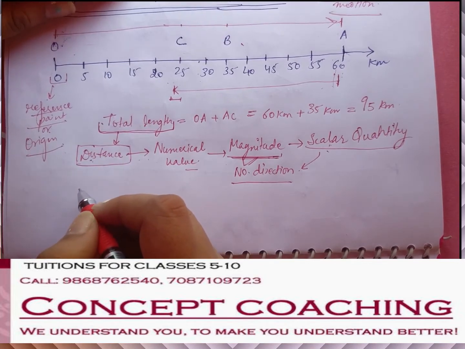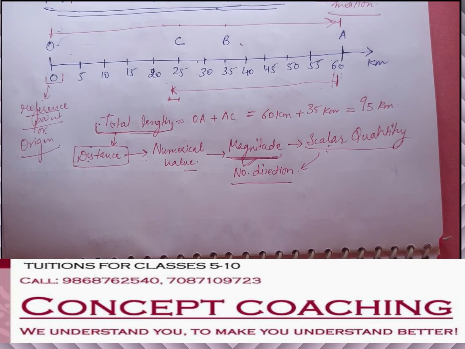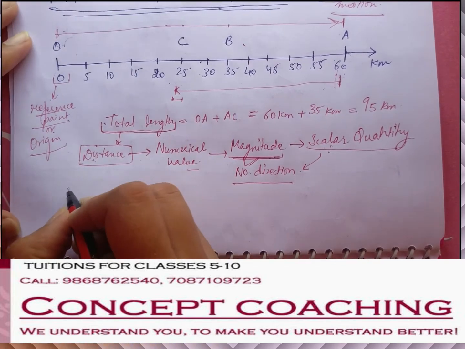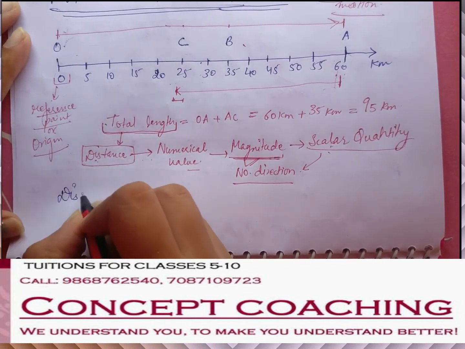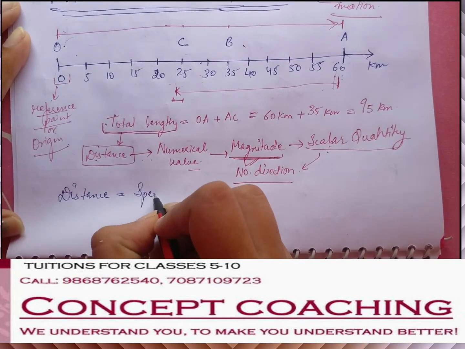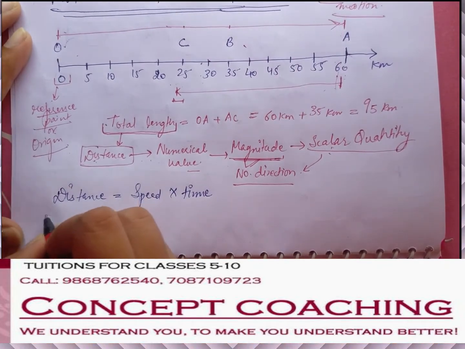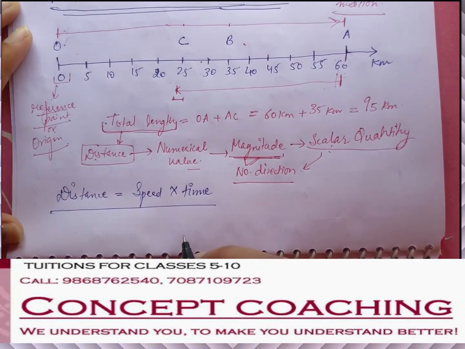Okay, so in our earlier classes, we have also studied the formula of the distance. So we'll just do a quick recap of that formula. We have studied that distance is equal to speed into time. Speed multiplied by time is distance.